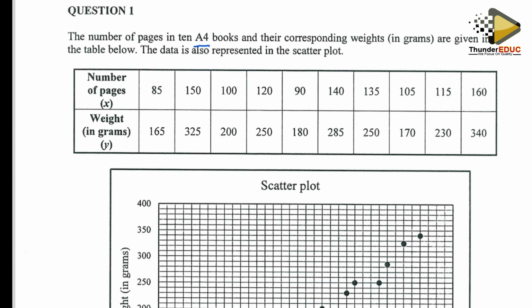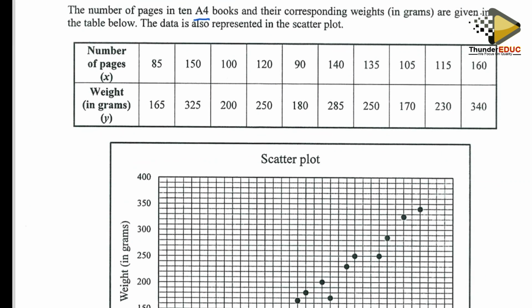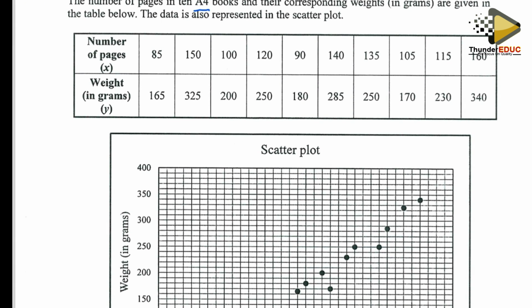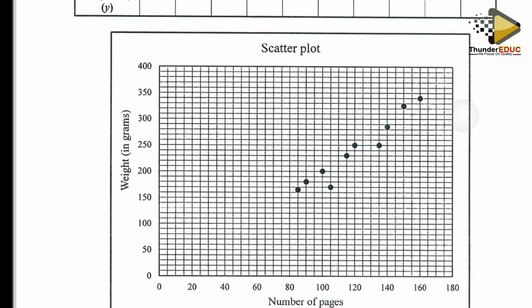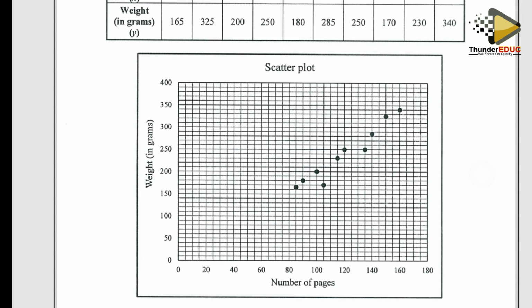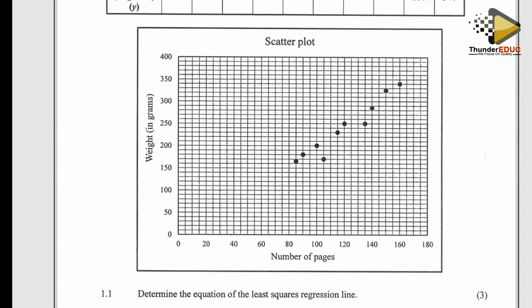So the data is represented using this scatter plot. We start with the number of pages representing our X variable, and then the weight is the Y variable. So 85, 165, 150, and so on and so forth. After that, they drew for us the scatter plot for that data.